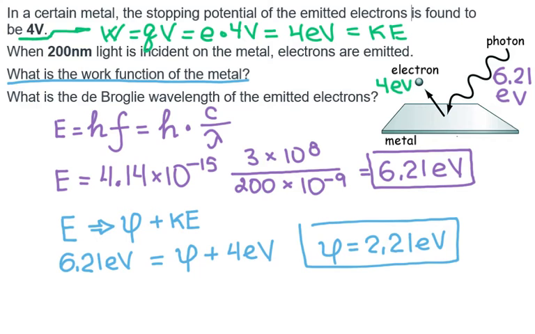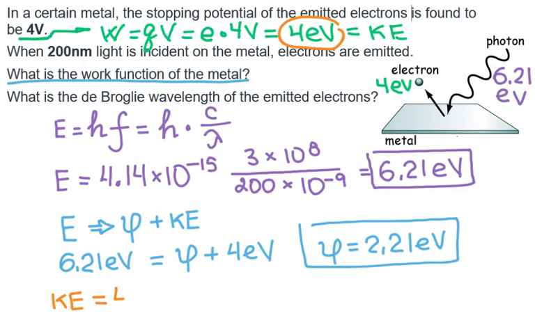And for the next question, I have to find the de Broglie wavelength. The kinetic energy of the electrons that are emitted is 4 electron volts. I'm going to convert that kinetic energy into joules.